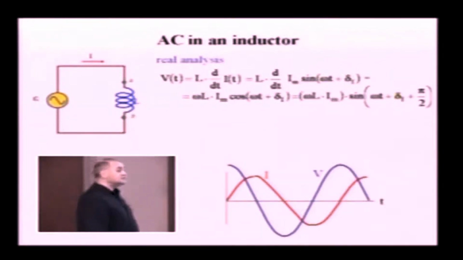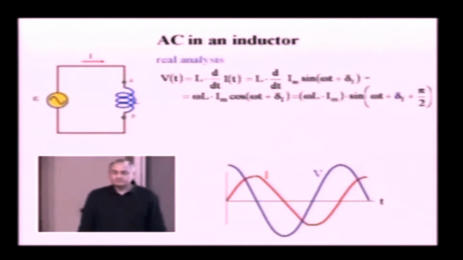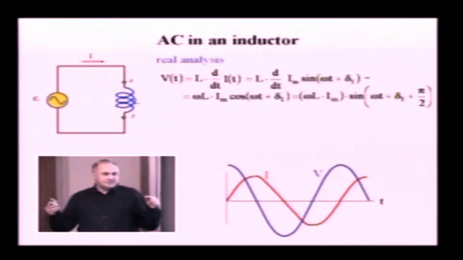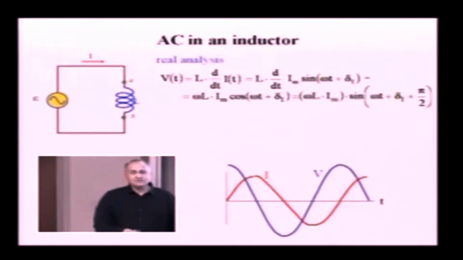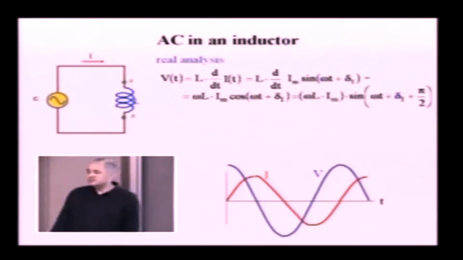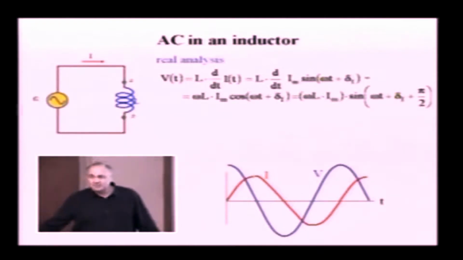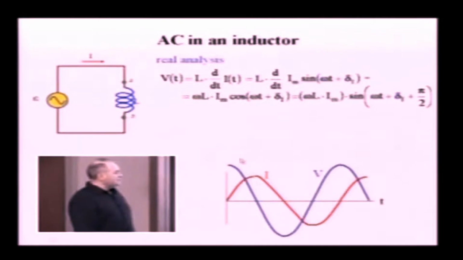And which should we subtract from which? From the phase of the voltage, we have to subtract the phase of the current, which means that from pi over 2 we have to subtract 0, and the result is going to be pi over 2, right? So if I look at these two plots, phase angle is pi over 2.